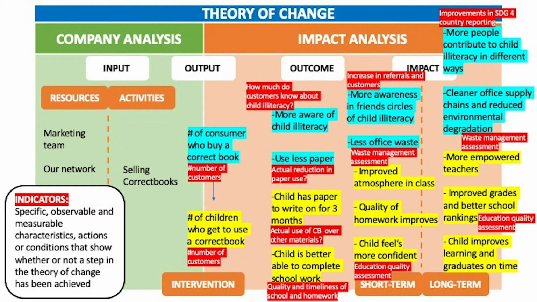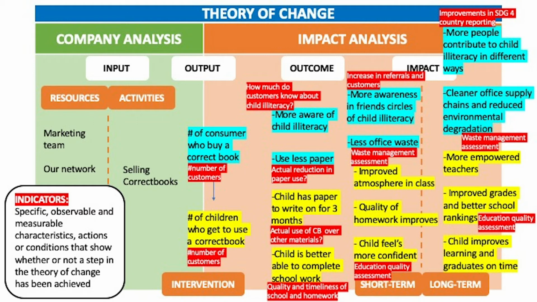The use of indicators highlights the fact that businesses that engage in impact measurement should do so continuously. This is not an activity you do once. It is a constant and living thing that demands regular measurement points, learning, and adaptation to your theory of change to improve it. Let's have a look at CorrectBook.